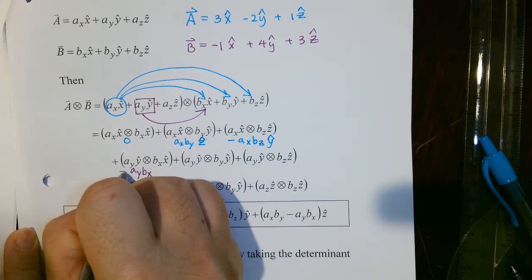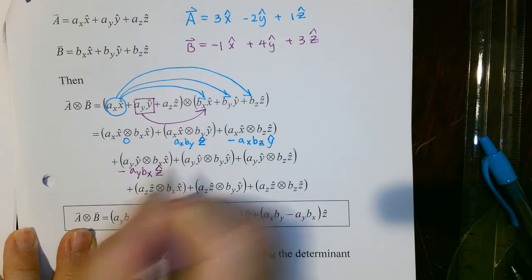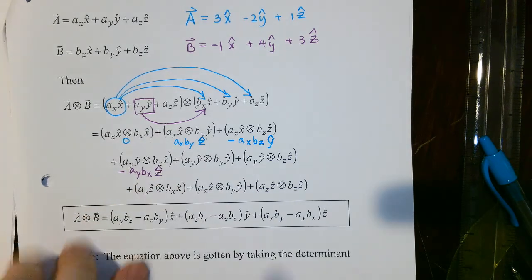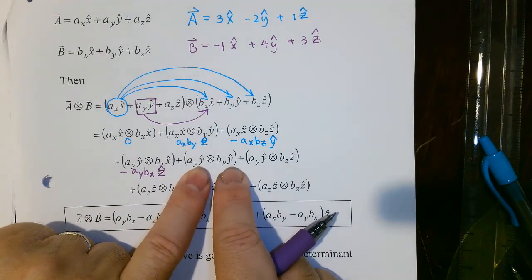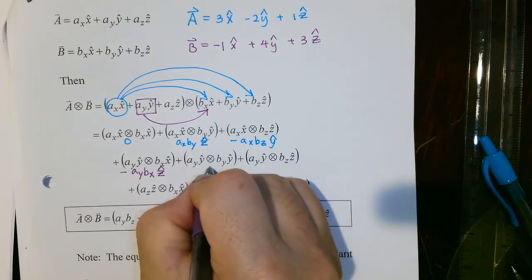Very good. Negative z hat. What about y hat cross y hat? What would that be? 0.